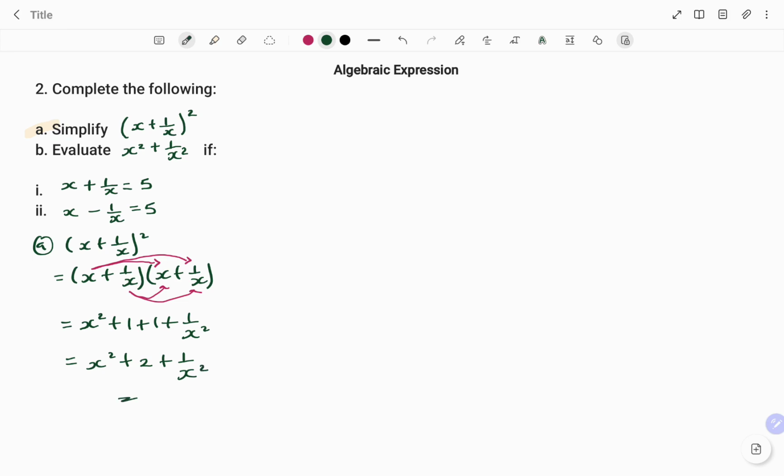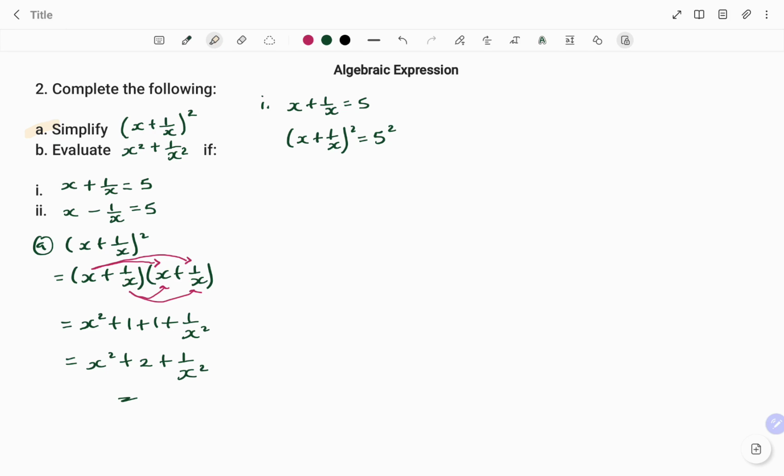Going to the second part of the question, we are to evaluate x squared plus 1 over x squared if x plus 1 over x is equal to 5. We're going to square both sides. We have that as x plus 1 over x all squared equals 5 squared.